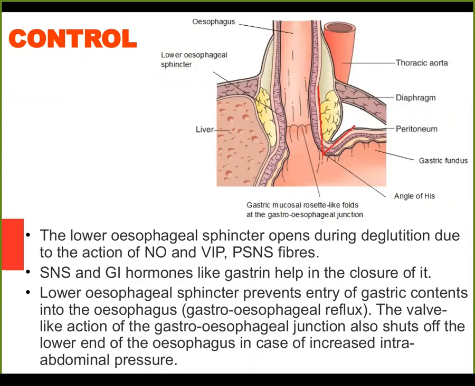Before entering the stomach, food, especially hard food or bolus, meets the lower esophageal sphincter, which is normally closed and prevents back propagation of bolus from the stomach into the esophagus.